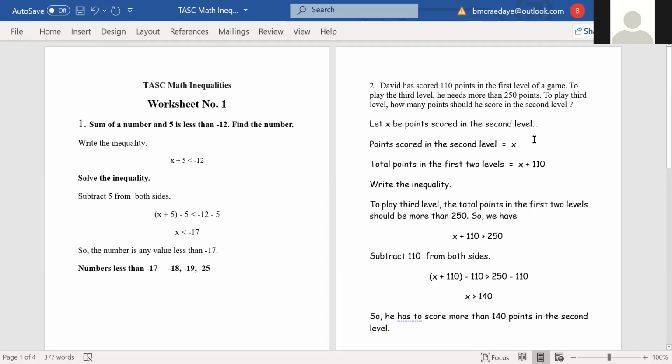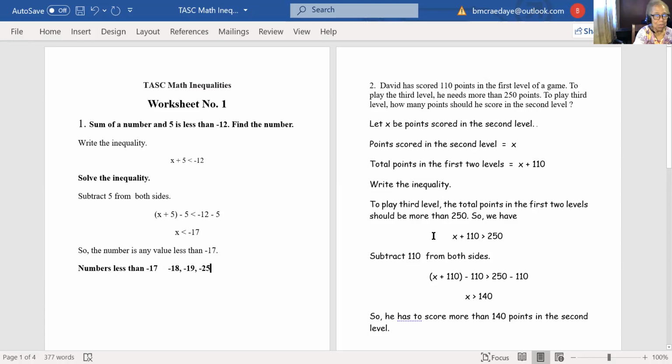So the second level, we let that be represented by X. So in the first 2 levels, the second level plus what he has, 110, and we write the inequality. So we want to have more than 250. So that means the sum of what we have plus the second level must be greater than the 250. So there's our inequality: X plus 110 must be greater than 250.